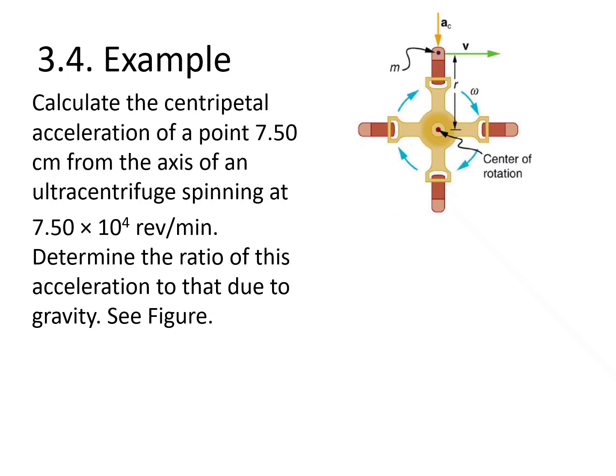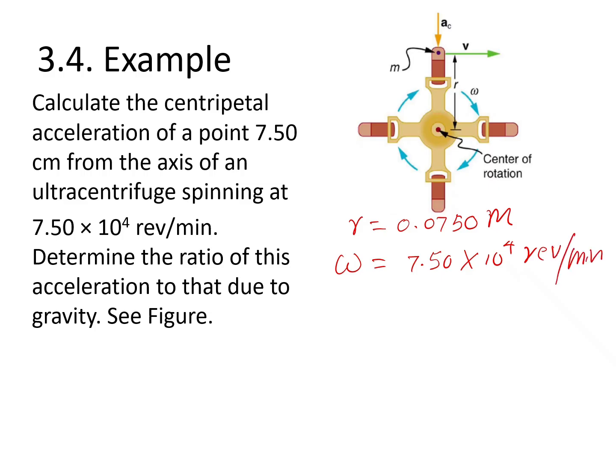So the radius r is equal to 0.0750 meters. The angular speed omega is given by 7.5 times 10 to the power 4 revolutions per minute. So we have to convert this into radians per second.